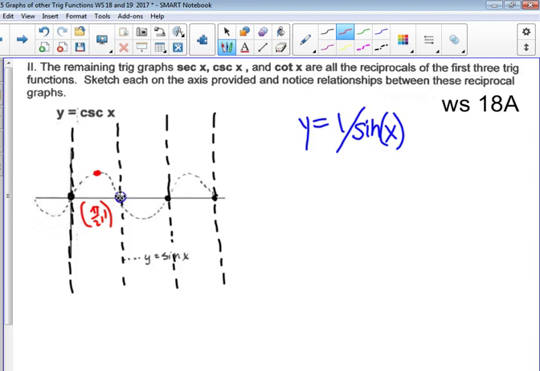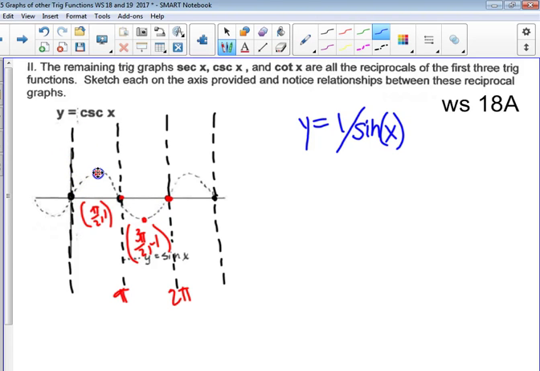Then it had an asymptote at pi. The next spot here would be 3 pi over 2, -1. So this is 2 pi. It had a period of 2 pi. I'm talking about the original sine graph there. The new graph still has a period of 2 pi.